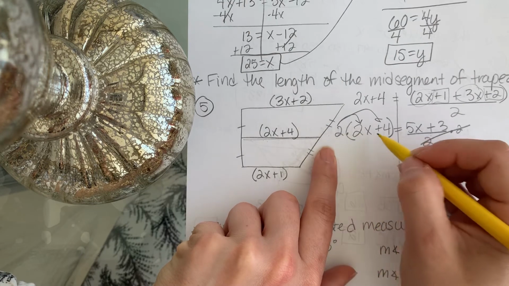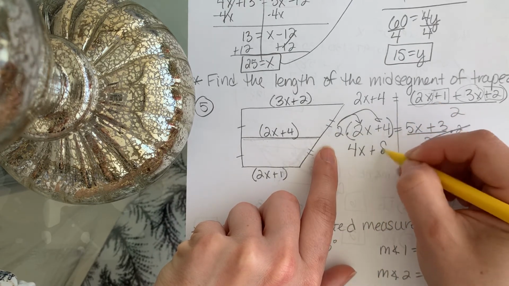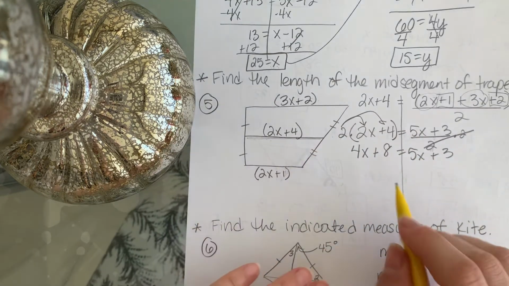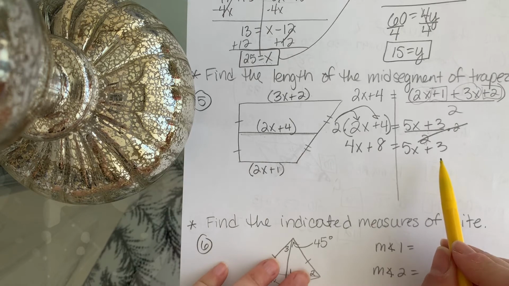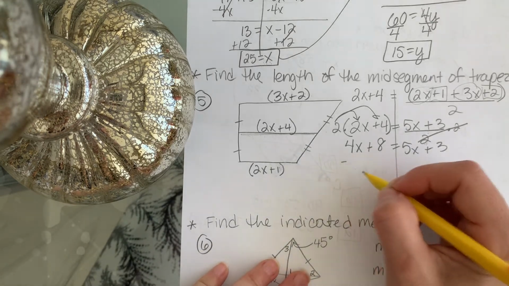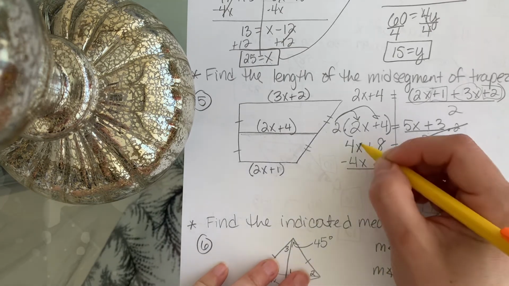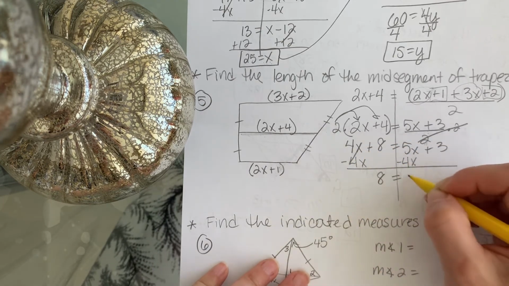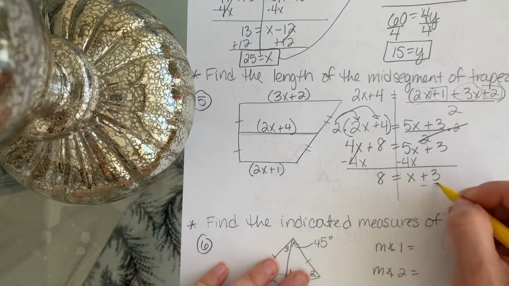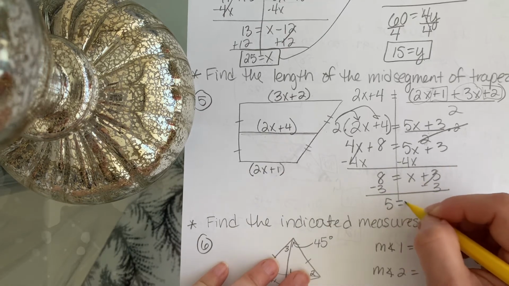So you have 2 times 2x, which gives you 4x plus 8 equals 5x plus 3. Now you have a nice basic multi-step equation. We're still solving for x, so I'm going to subtract 4x on both sides. I get 8 equals x plus 3. Then subtract 3 to get x isolated, and I get 5 equals x.